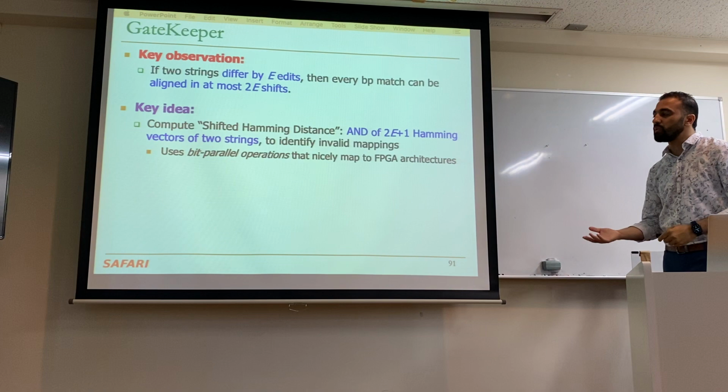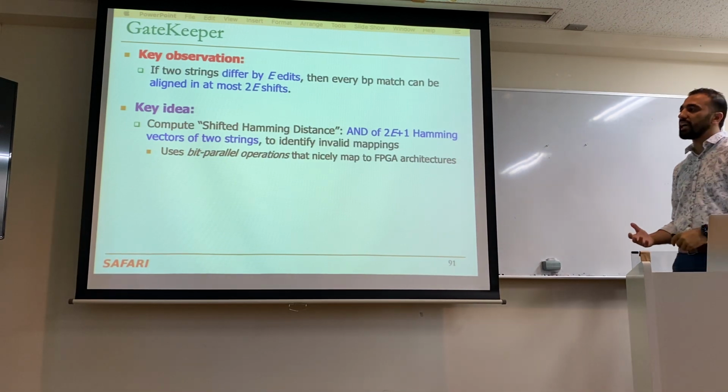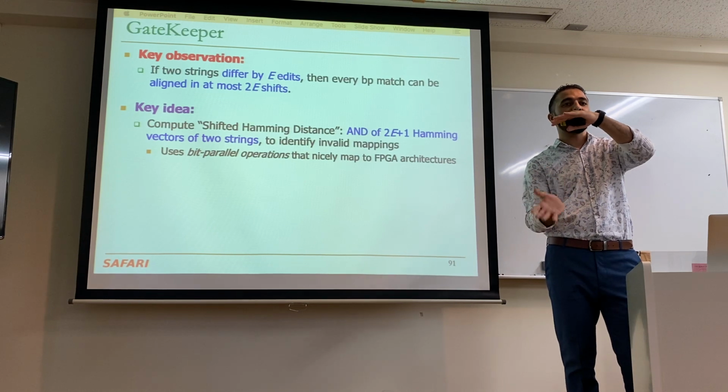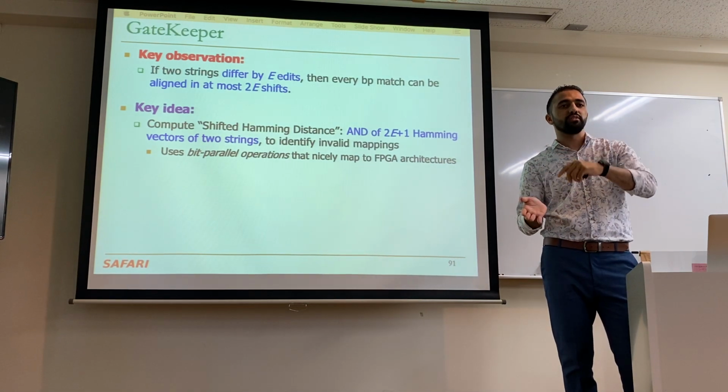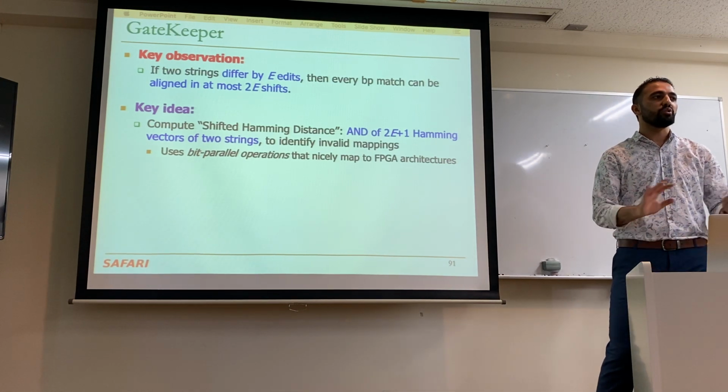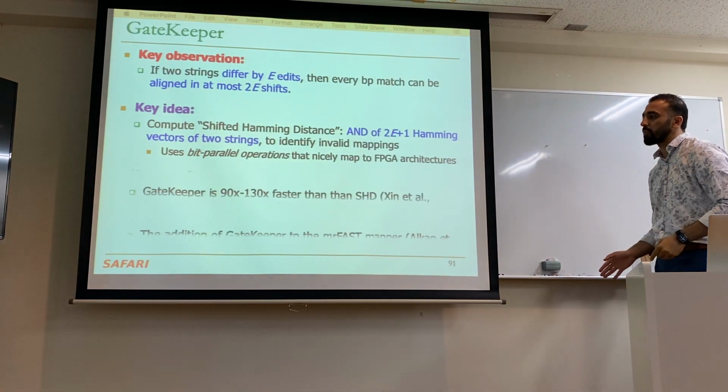How we do that, I will explain in the next slide. But the key idea here is we compute several bit vectors, and we use an AND operation with all of these vectors to tell you in a very fast way how many differences they have without computing the dynamic programming algorithm.